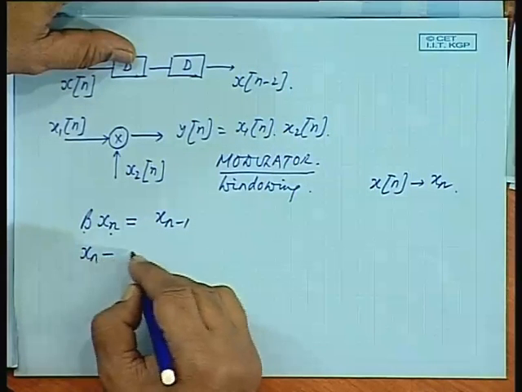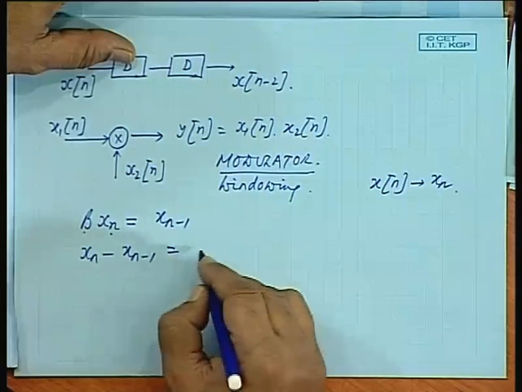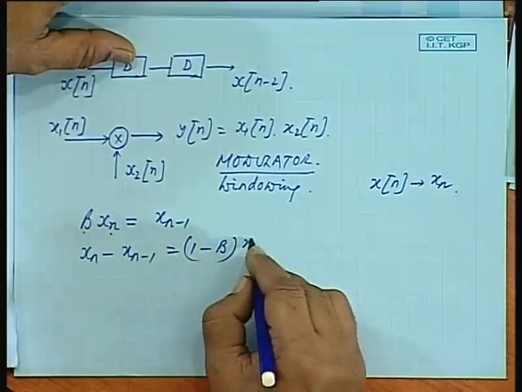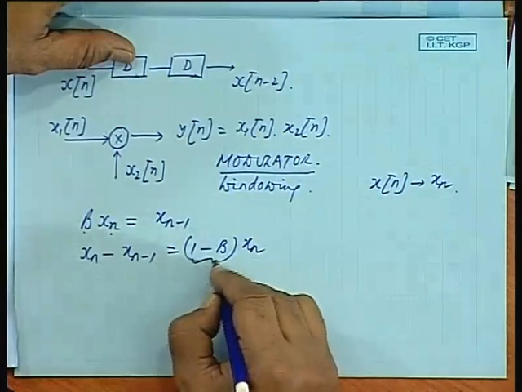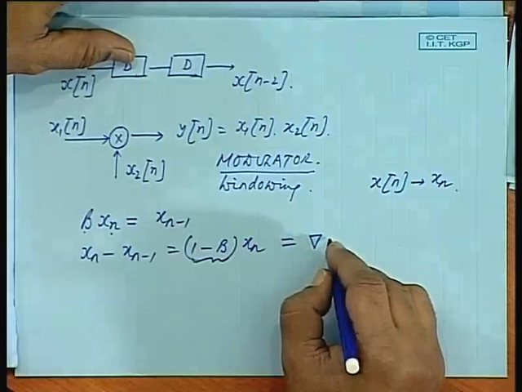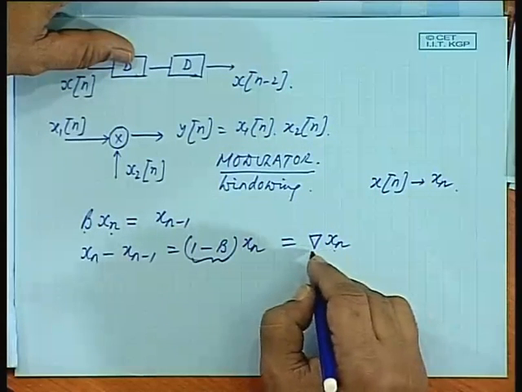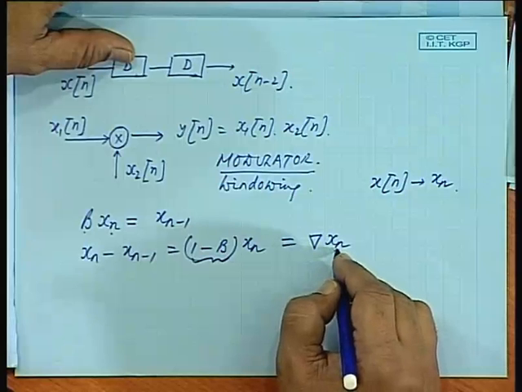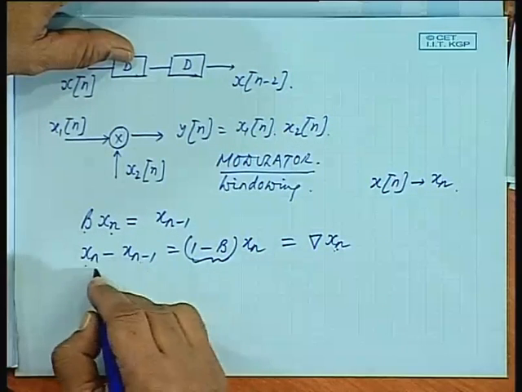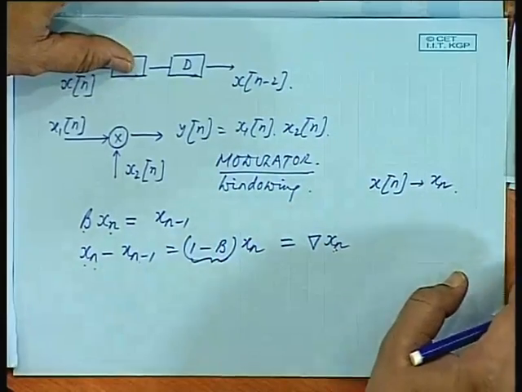So, what is x(n) minus x(n-1)? It will be (1 minus B) times x(n). So, this we call as differencing operation on x(n). On x(n), if I apply a differencing operator, I get the difference between x(n) and x(n-1). It is very similar to your derivative operation.